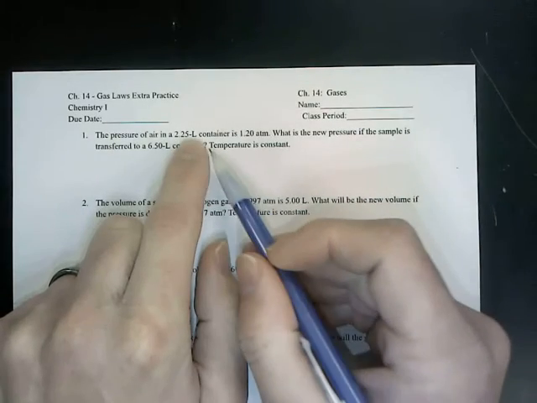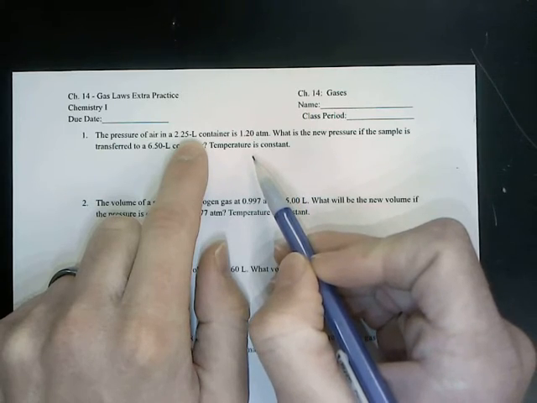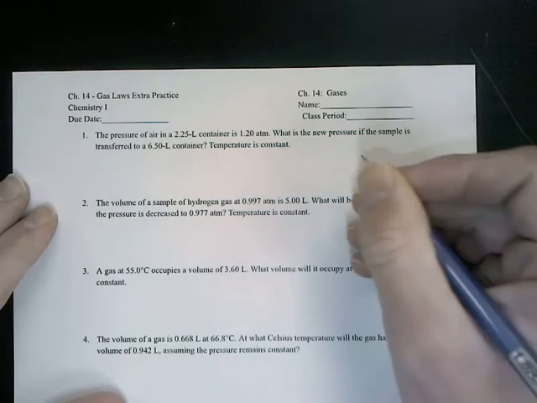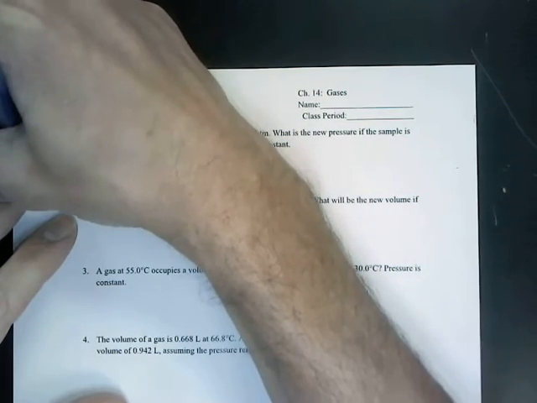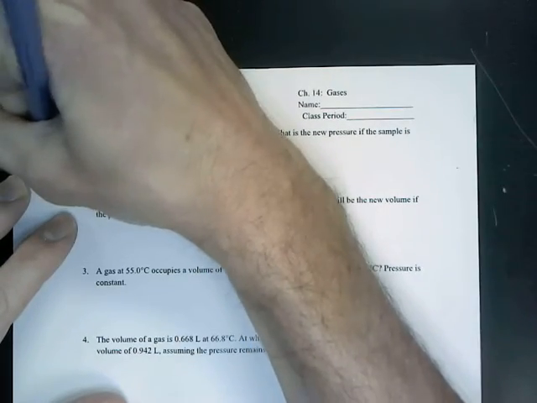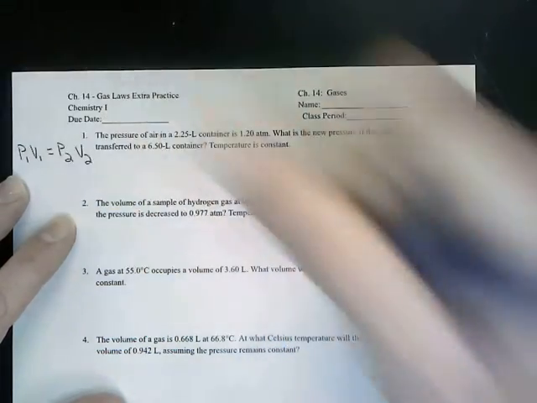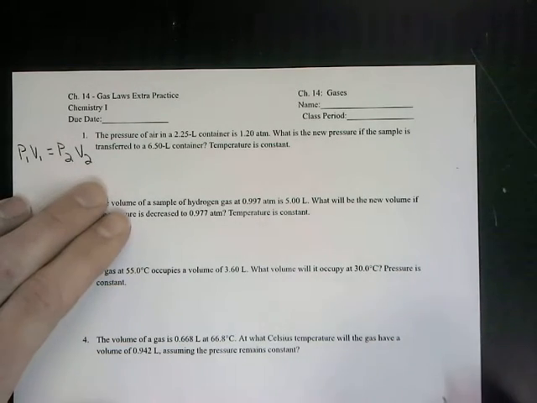Well, we have volume and pressure, and temperature is held constant. Now, this means that we need to use the following formula, and that is P1 times V1 equals P2 times V2. Okay, so now we'll just insert our values from our problem into that particular equation.